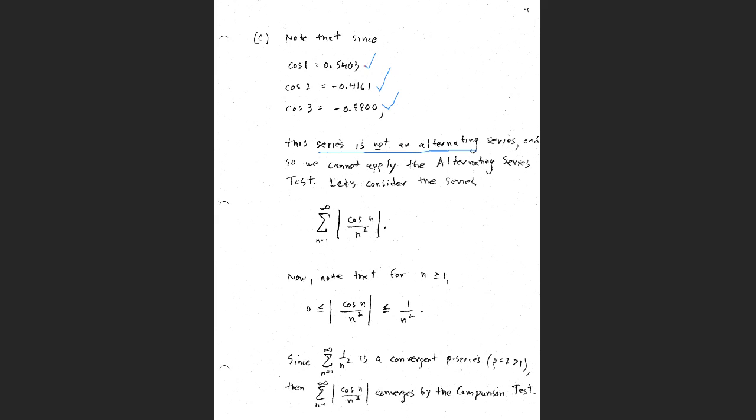We started off okay: the cosine of 1 was positive, cosine of 2 was negative, but the third term, cosine of 3 over 3 squared, is negative. So the first 3 terms are a positive and then a negative, but then a negative after that. And so you don't have an alternating series anymore, and you cannot apply the alternating series test.